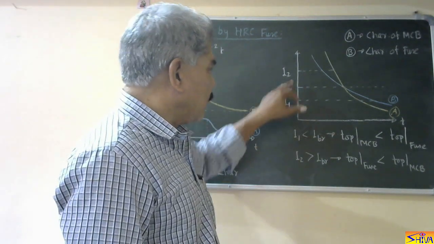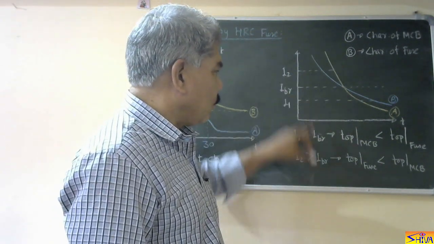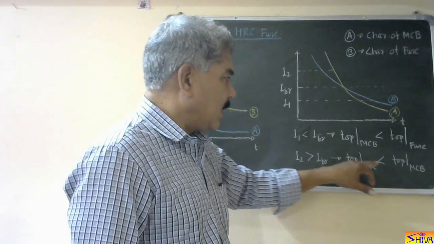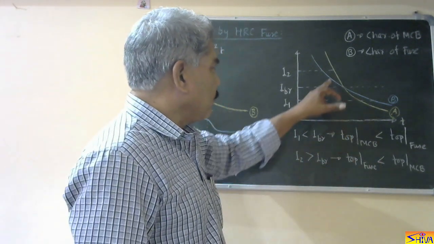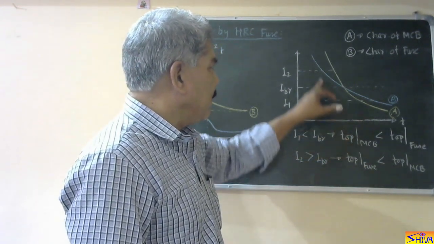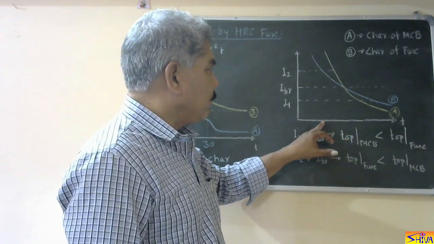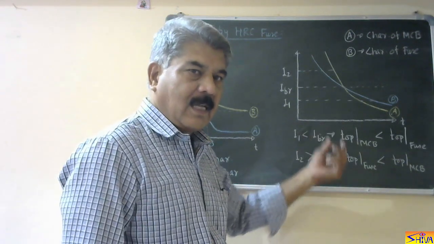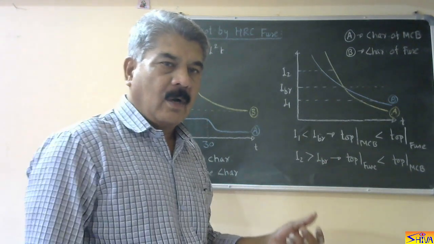If current is more than breaking current, say I2, then operating time of fuse should be less than operating time of MCB. You can see here, for this current I2, this is the operating time of MCB and this is the operating time of fuse. So operating time of fuse is less than operating time of MCB or MCCB.